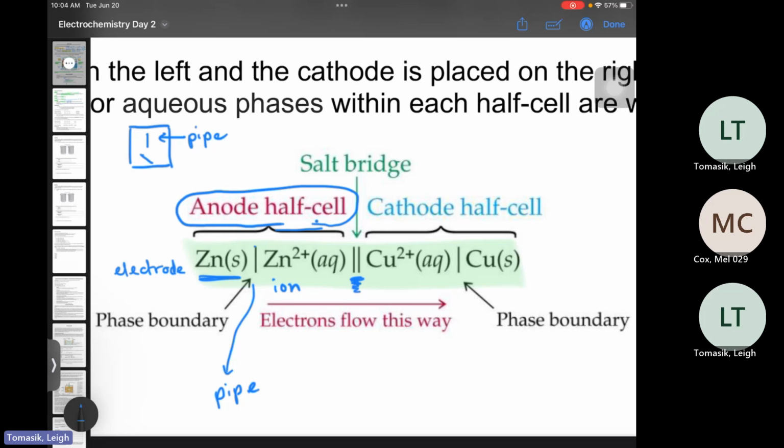The double line is trying to reflect the salt bridge, so it's going to separate the two containers. By the way, the salt bridge is just 2 pipes in a row. After the 2 lines, we have the cathode half cell. And you can see here we put the ion first and we put the electrode second.